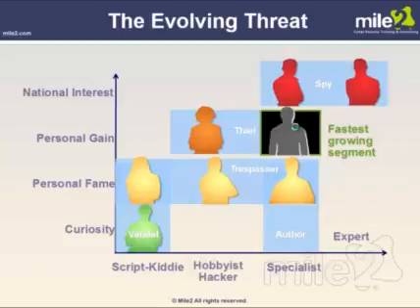Now, other terms that go along with this is what we call the white hat hacker. The white hat hacker is basically someone who works on the defensive side, helping to protect your systems and environments. So in essence, it's a hacker that does the defensive side. And they're also called penetration testers or security analysts. Now, on the other spectrum is the black hat hacker.